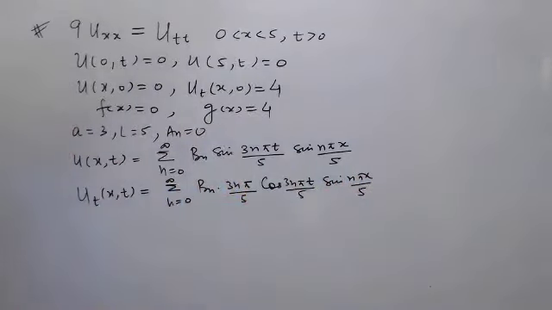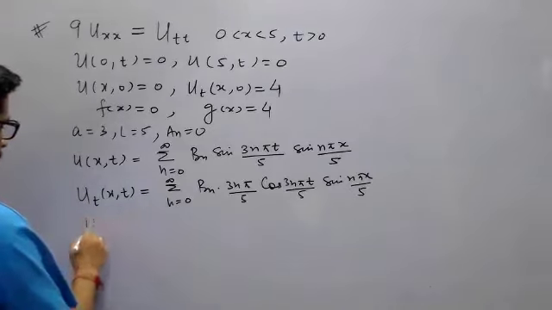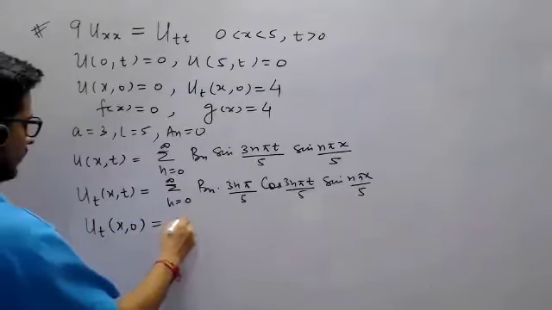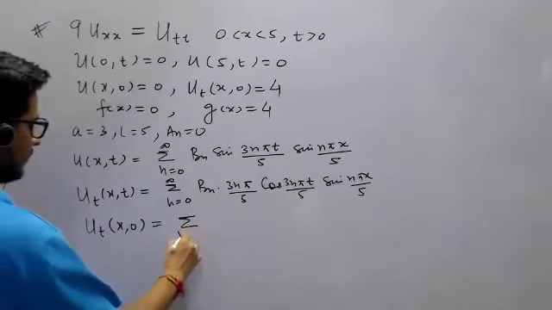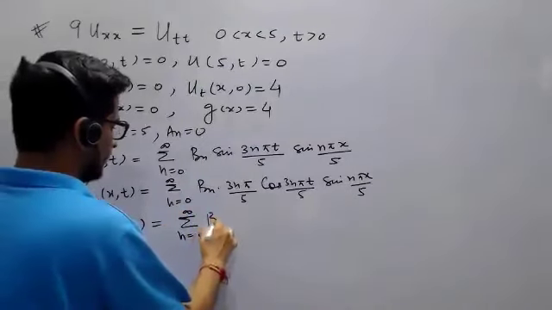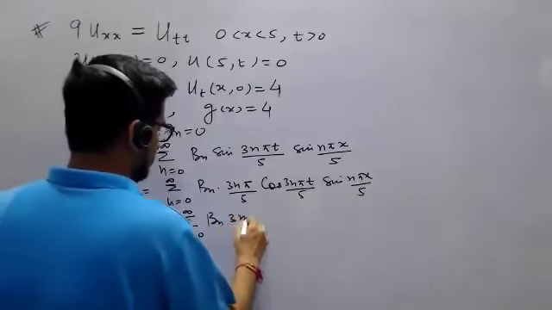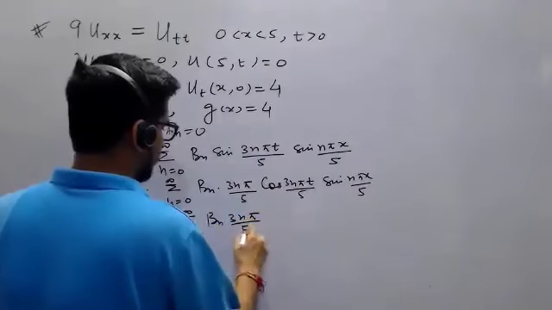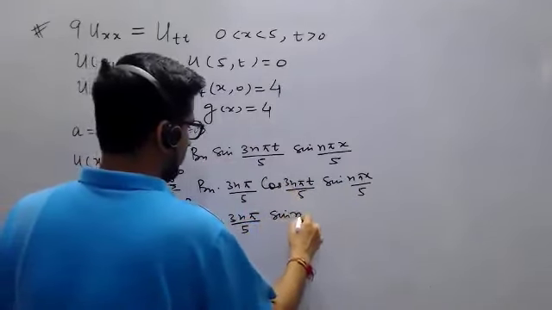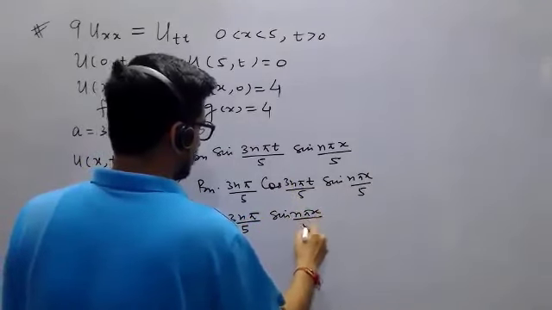This is the value of u_t, correct? And then u_t(x, 0) is equal to summation n is equal to 0 to infinity b_n (3n pi by 5), this will become 1, and sin(n pi x by 5).